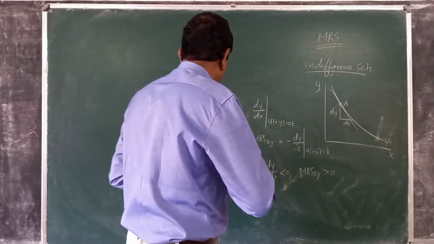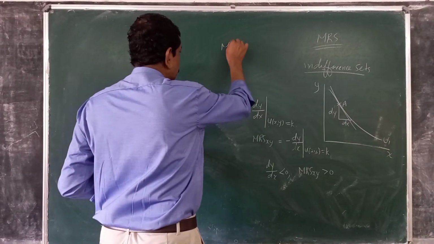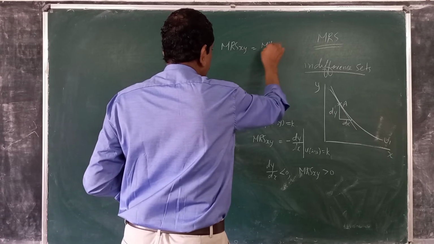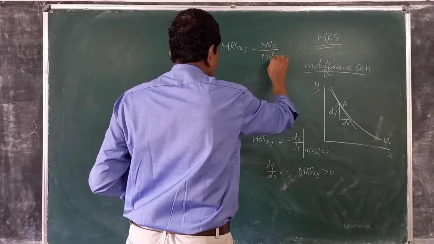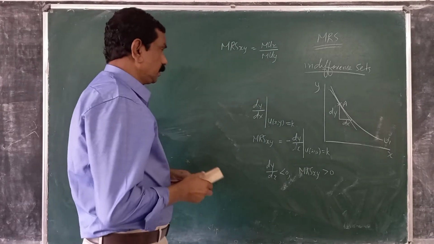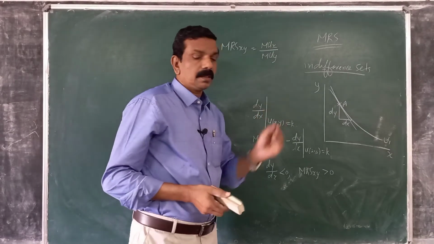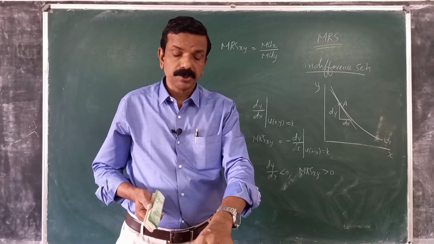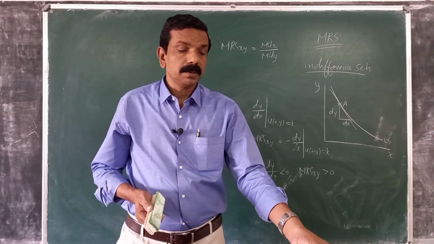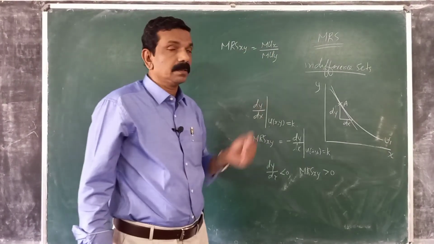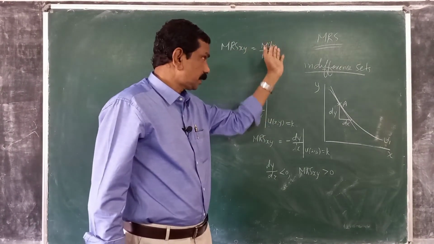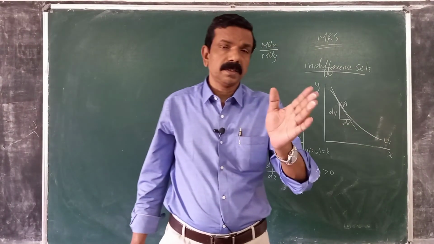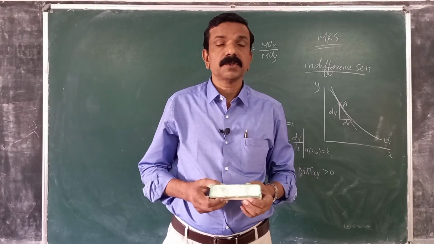That is, we can show that MRS xy is equal to MUx by MUy. That is, MRS xy is the ratio between the marginal utility of x and the marginal utility of y. And this interpretation is useful later when we define the equilibrium of the consumer.